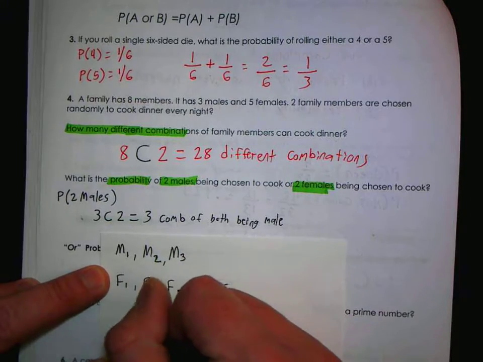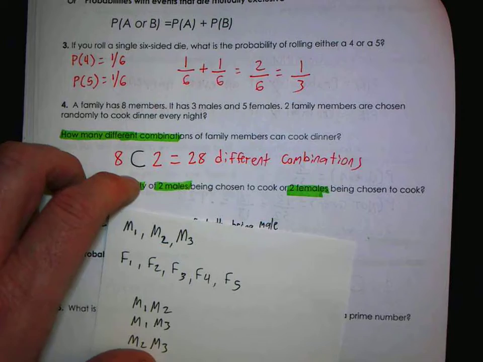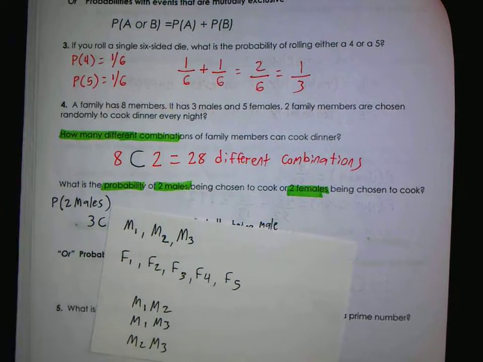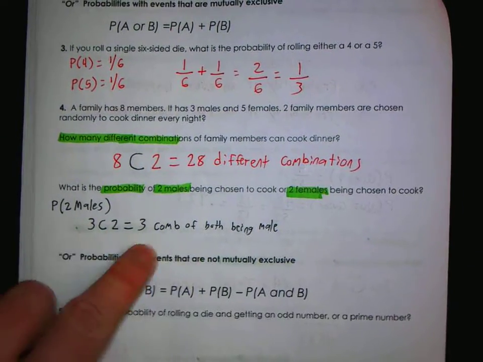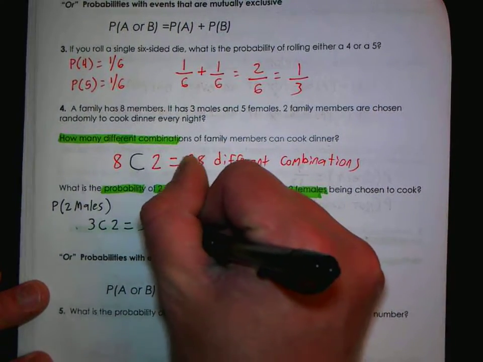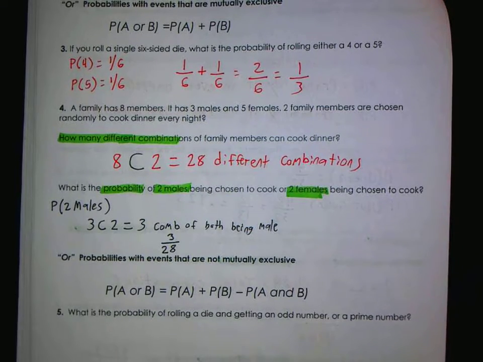You could have male 1, male 3, or you have male 2 with male 3. Right? There's only 3 total combinations where both are male. Does that make sense? Which is how we got 3 there. So we would say there's 3 out of 28 total combinations that are all male.